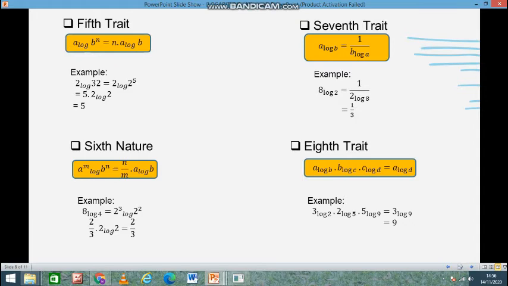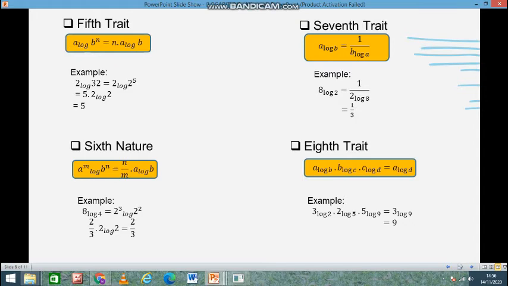Example: 8 log 4 equals 2 to the power of 3 log 2 to the power of 2. 8 can be made into 2 to the power of 3, while 4 can be made into 2 to the power of 2.